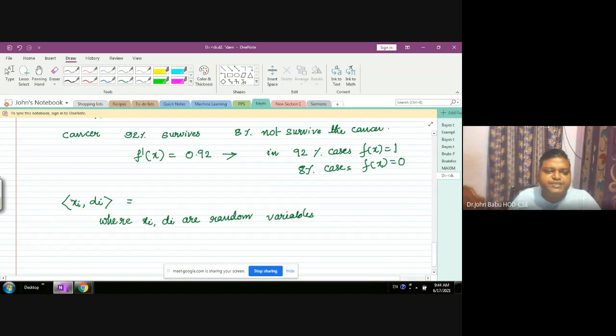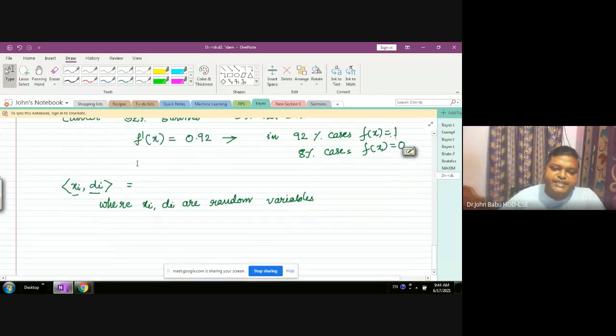So x is something like patient details, patient 1, patient 2, patient 3, and di is whether he will survive or not. If he survives, 1; if he doesn't survive, 0. So d has only two values, either 1 or 0.